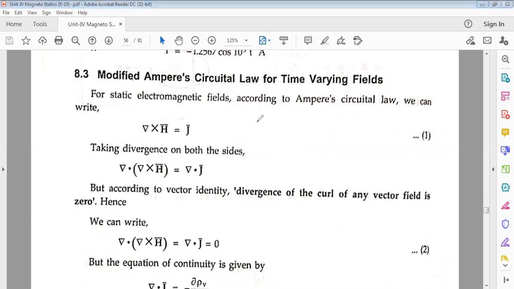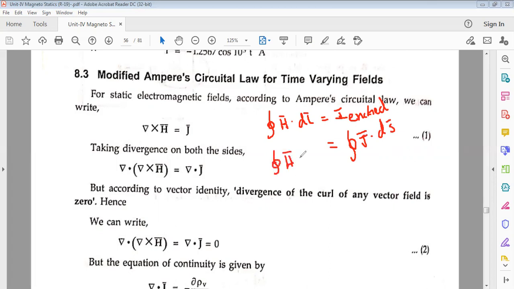We got this from the Ampere's circuital law, the closed integral of H bar dot dl bar is equal to I enclosed. What is the I in terms of the current density? I is equal to the integral of J bar dot ds bar. And on the left hand side, H bar dot dl bar.